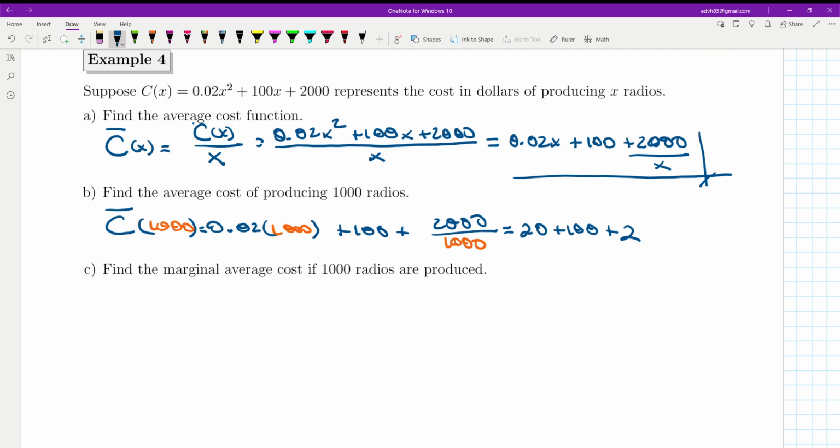Combining these three quantities together, we get 122, which is the average cost of producing x equals 1000 radios.